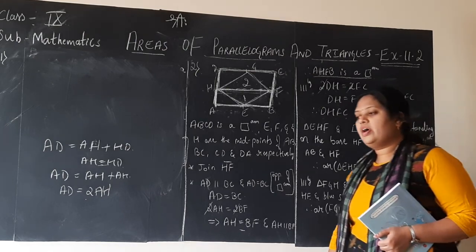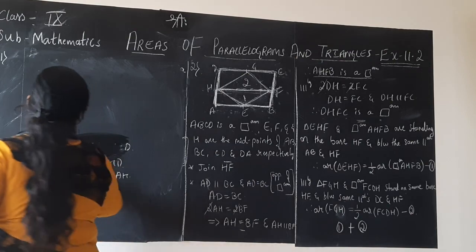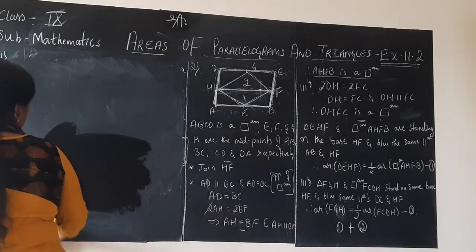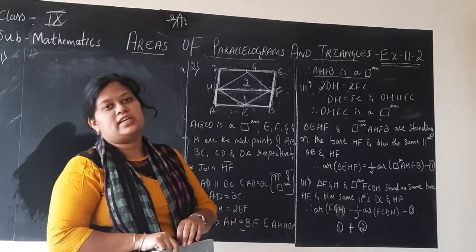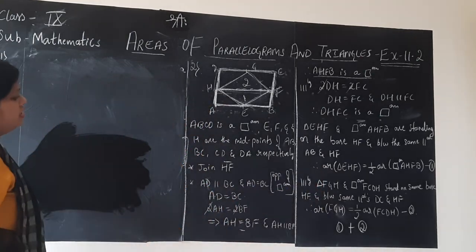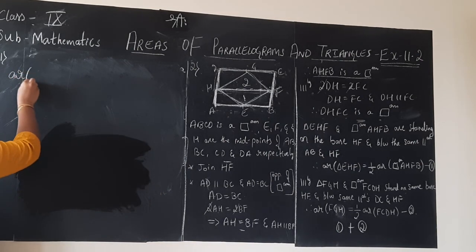This is not the required proof. So what we should do is add equations 1 and 2. When you add these equations 1 and 2, children, the LHS has to be added separately, and the RHS has to be added separately. So what do we have on the LHS of equation 1?